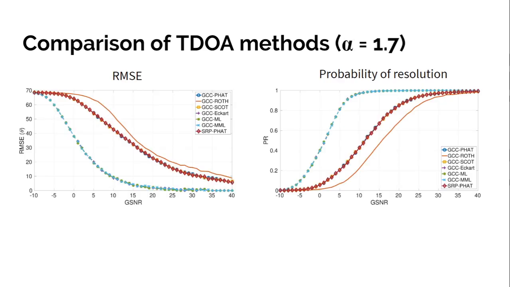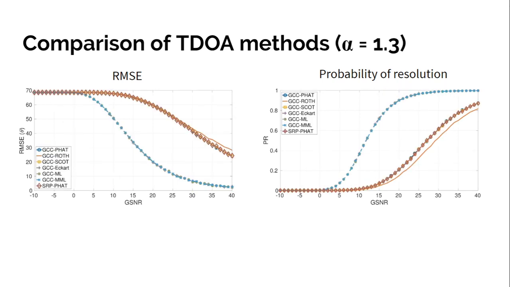Right. So as we can see here, the probability of resolution and RMSE are deeply affected because of the impulsiveness of the noise. Again, the filters that behave the best are the same ones: the ML, modified ML, and Eckhart. The probability of resolution of the other filters is moved further away. But in this case, where alpha equals 1.3, that's way more extreme.